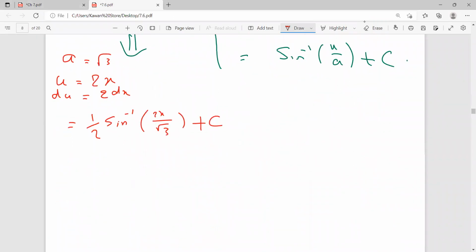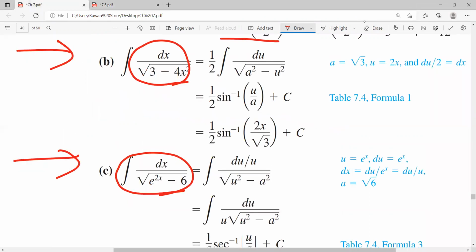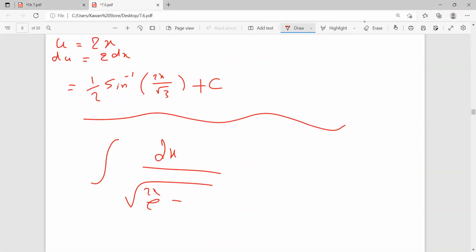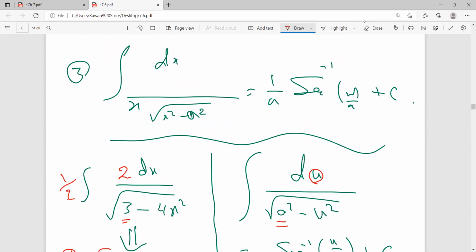How about that one? The integral of e to the x dx over the square root of e to the 2x minus 6. Which formula? Just tell me about the formula. It's not tan. Why? Because in the tan formula, we don't have a square root.